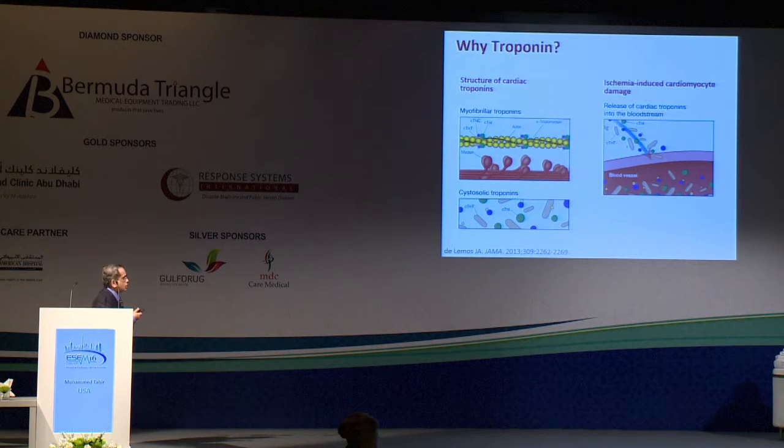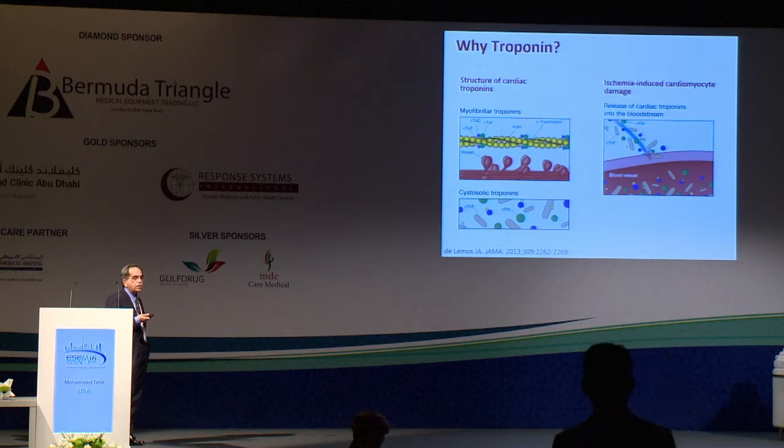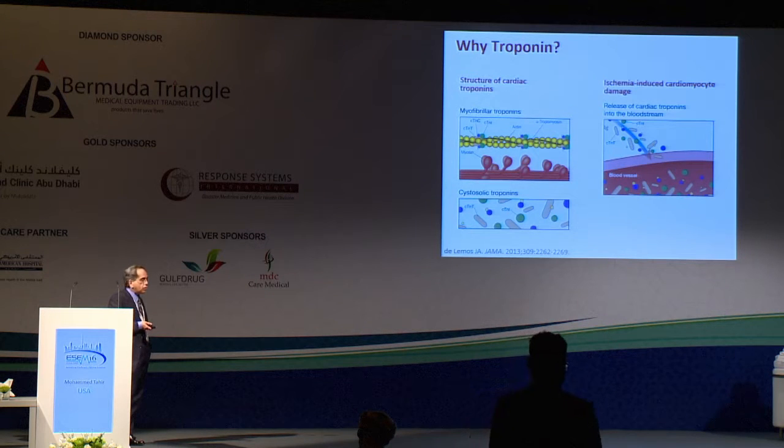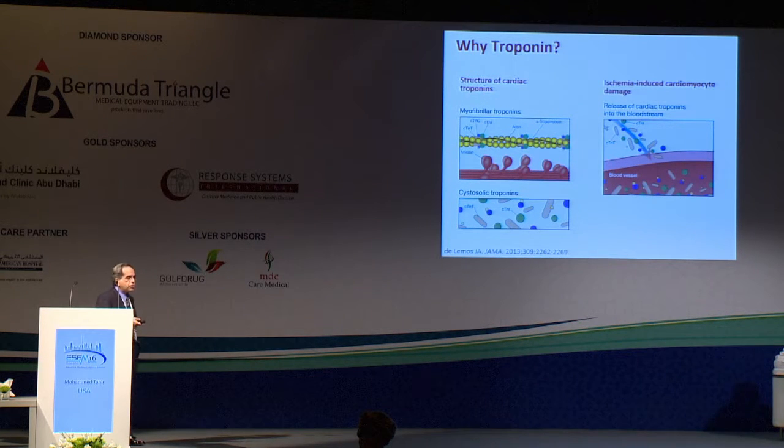When you have a cellular injury, whether it's ischemic or traumatic, the cell membrane is damaged and these troponins are released from the intracellular to the extracellular space, and this is where we measure troponins in the blood. It has to be a significant amount present for it to be measured and make sense. So different assays have different numbers which decide whether it's significant or non-significant.